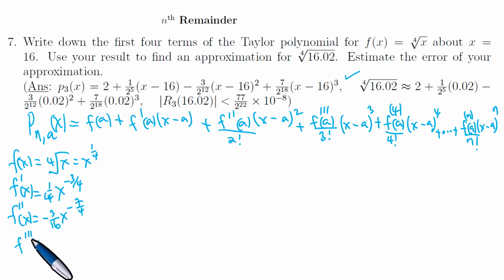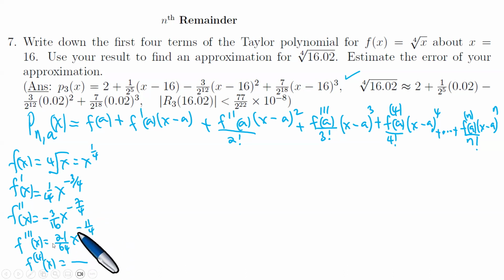The 3rd derivative is going to become exactly 21 out of, what is 4 by 16? 64, x to the power minus 11 out of 4. This is minus 11 by 21.